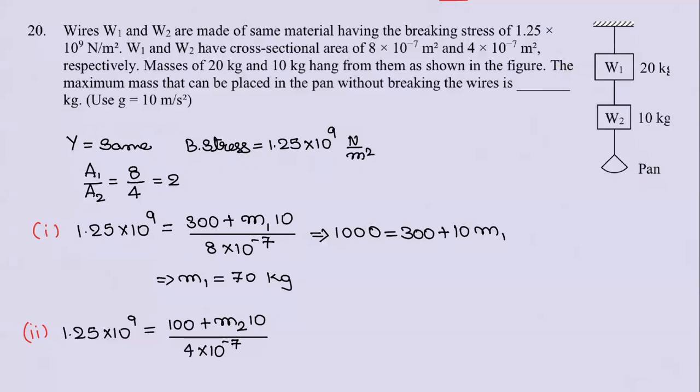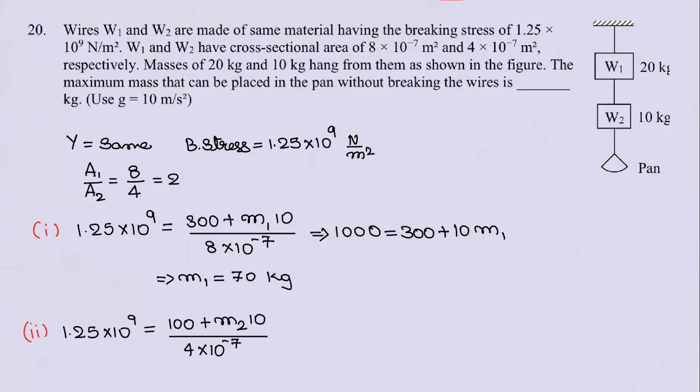Now 4 into 1.25 will be 5, right? Yeah, 5. So if I simplify this, that implies 5 into 10 power minus 7 into 10 power 9.